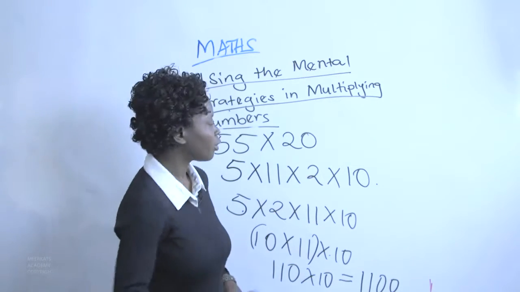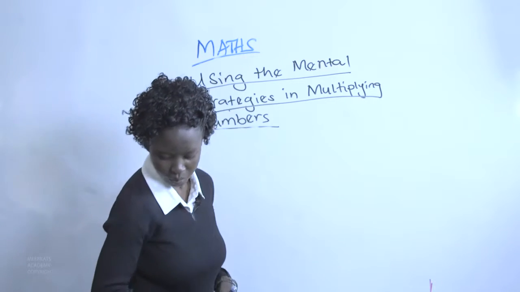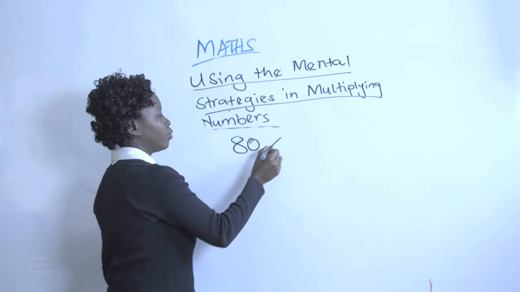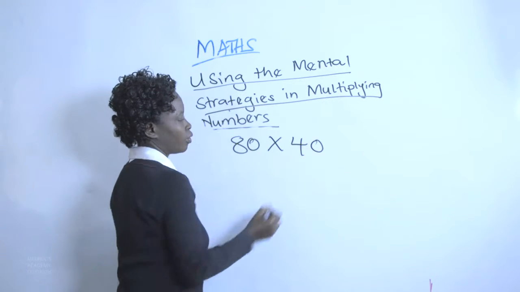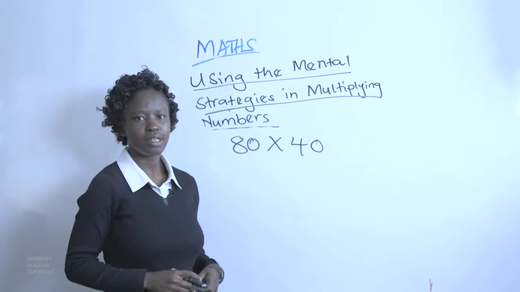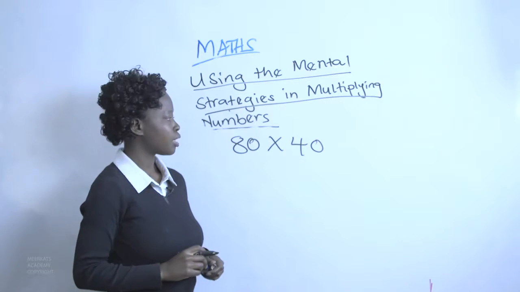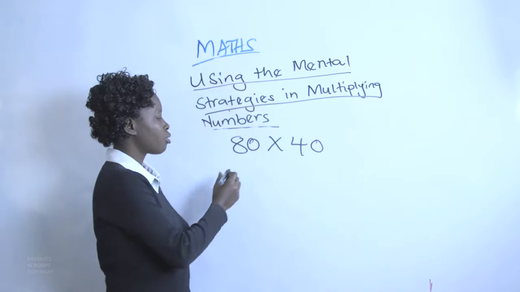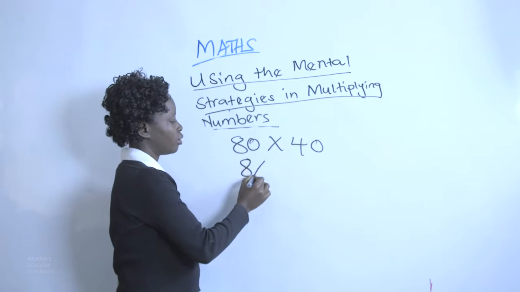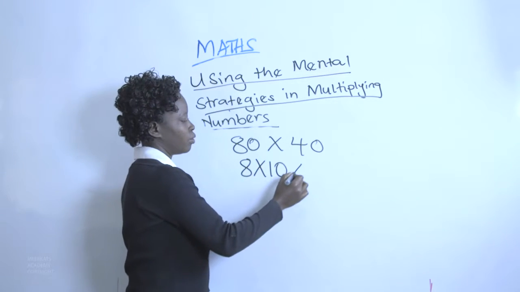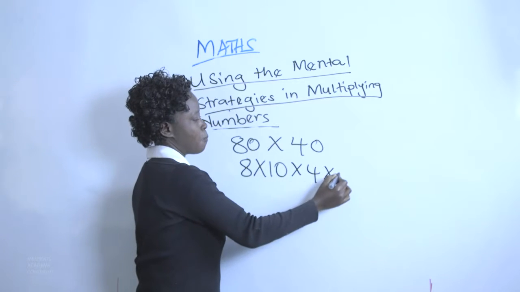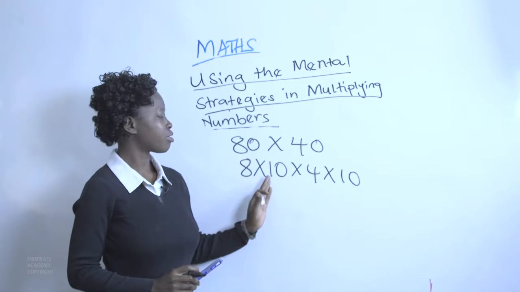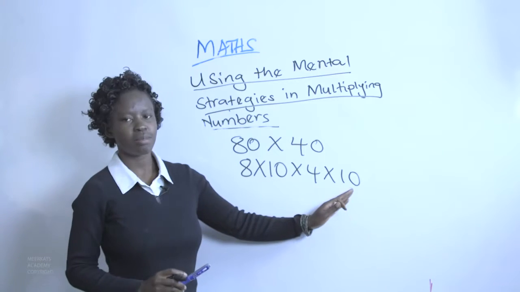Another example could be if I'm having 80 times 40, then we have to split the 80 times 40 so that we will have 8 times 10 times 4 times 10.